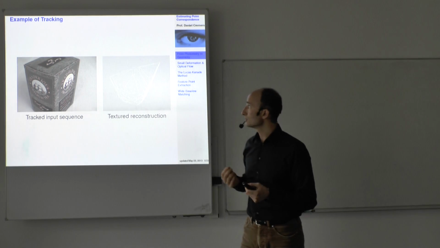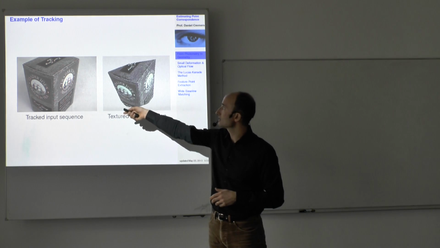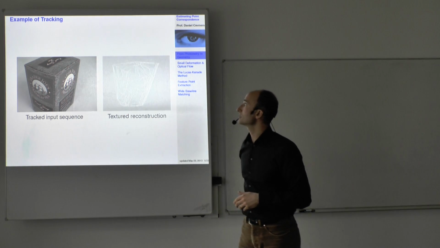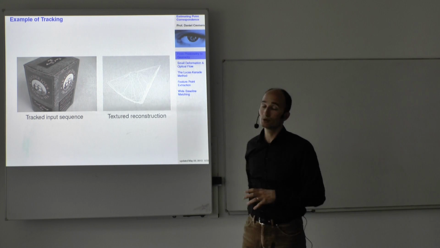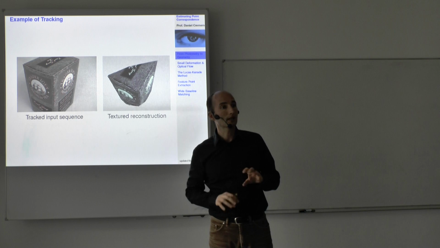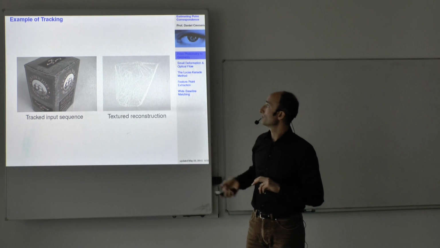And so you are more and more in the regime of small displacements, and this is where these techniques work well. They track the points, and then from these point correspondences, they can compute the camera locations, how the camera moved, and a wireframe model.